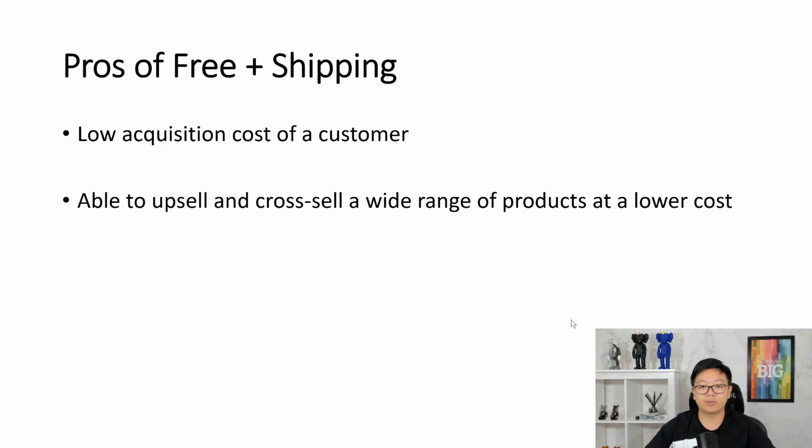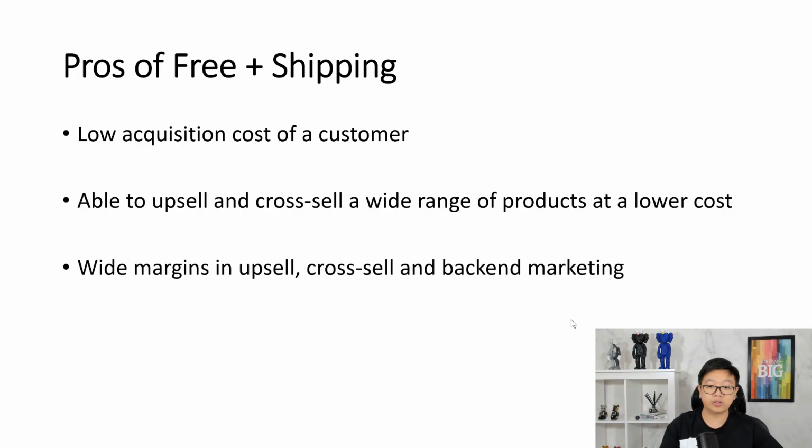When someone buys one product from you, the chances of them buying something similar is really high. That is why Amazon has all these related products, or products that you might like, at the bottom of the product page, right? So this is what you could do when you're choosing the free plus shipping model, okay?